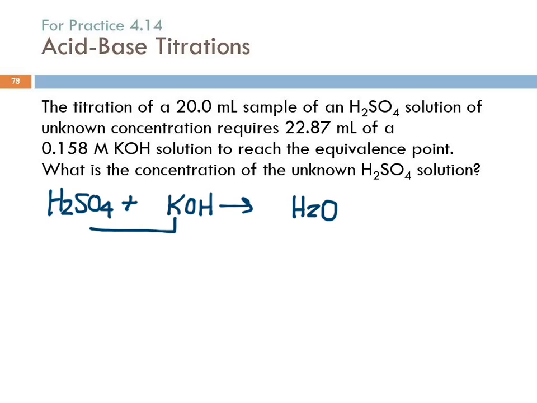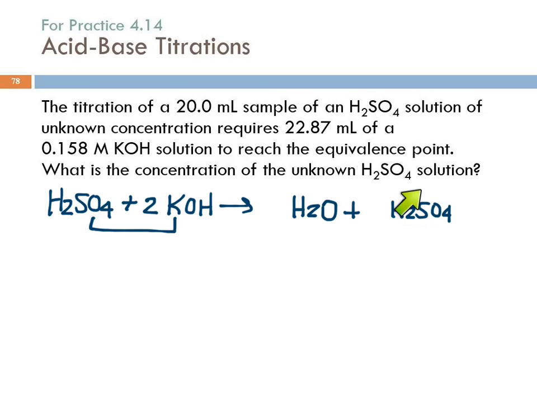So this potassium and the sulfate are going to combine together. You have to get the correct chemical formulas here. That's going to be K2SO4 because sulfate has a -2 charge and potassium has a +1 charge. And then we need to balance this. Over here, K2, there's 2 potassiums, so I need a 2 over here.